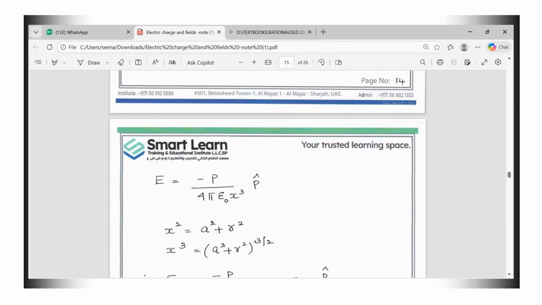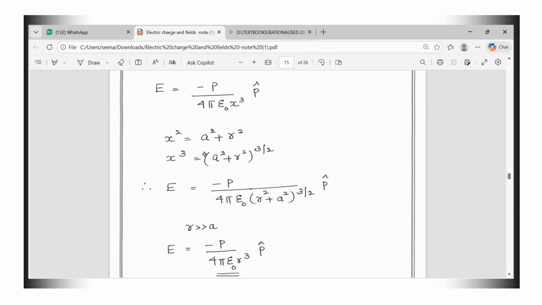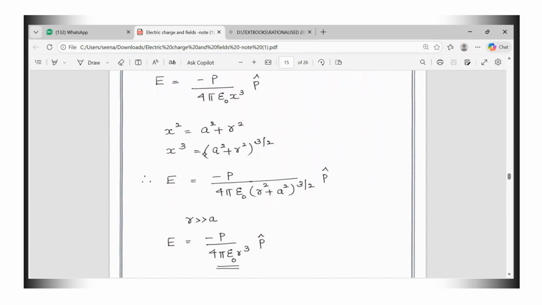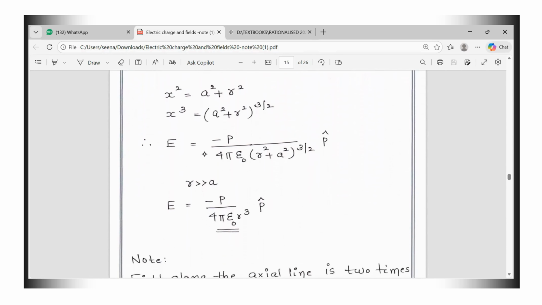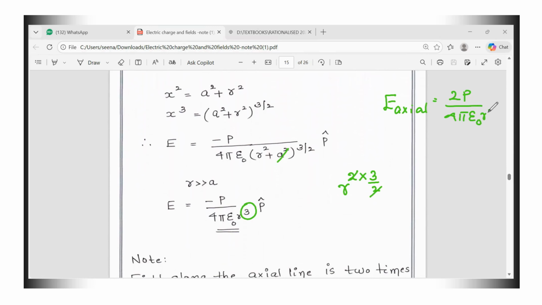Now you replace it for x cube. x cube will become r square plus a square whole raised to 3 by 2. And with the same assumption, r is much, much greater than a, so the a term will get cancelled. So r square raised to 3 by 2, the 2 will get cancelled and you will get only r cube. So always remember, children, E axial is equal to 2p divided by 4 pi epsilon 0 r cube, and that is along the dipole moment vector.